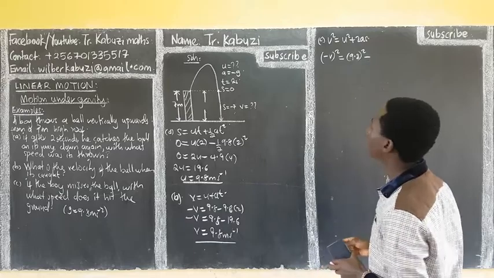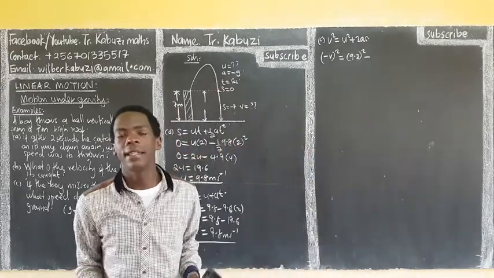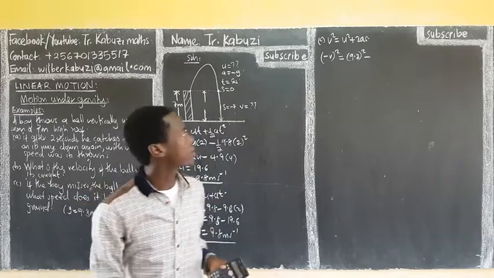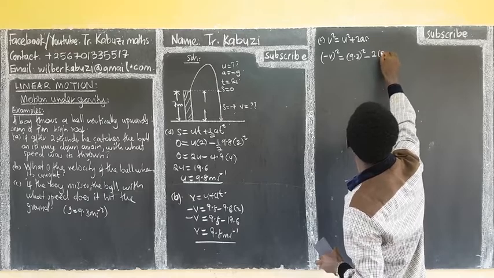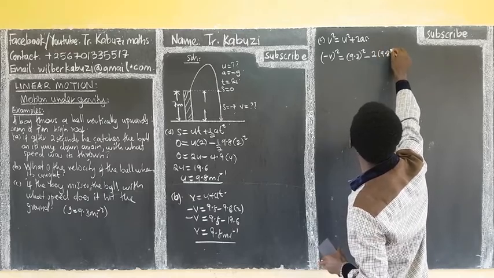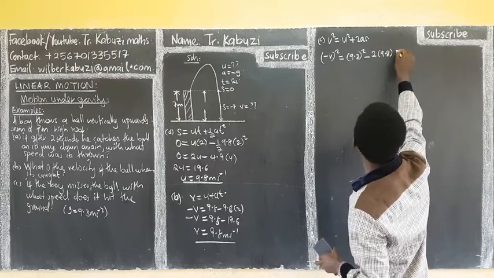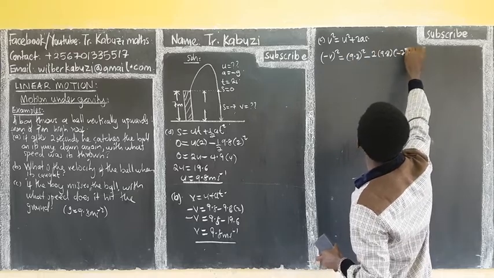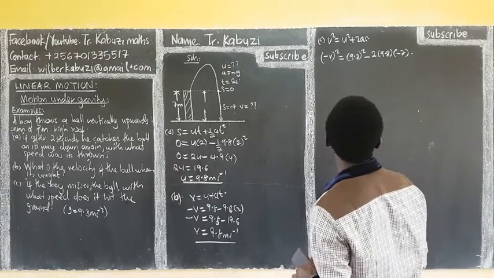Then minus, because we said the moment the ball is going upwards, always our acceleration is going to be negative. 2 into 9.8, then times our s, which is negative 7. As simple as that.